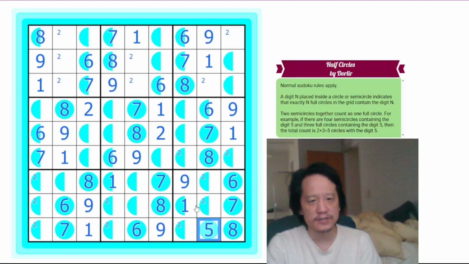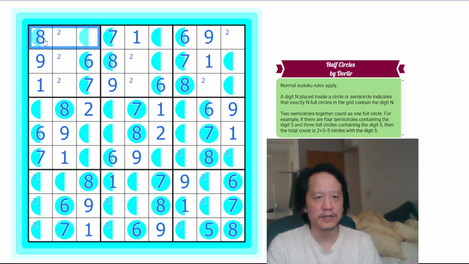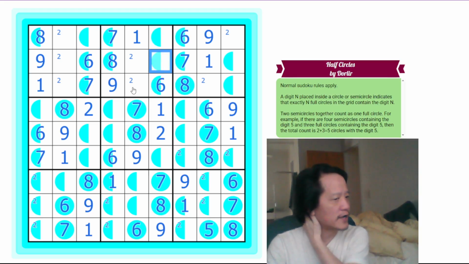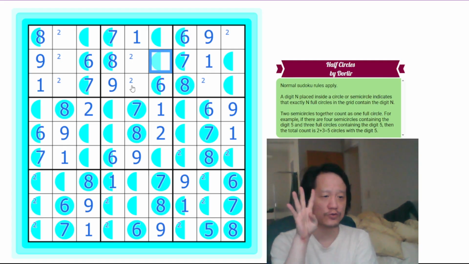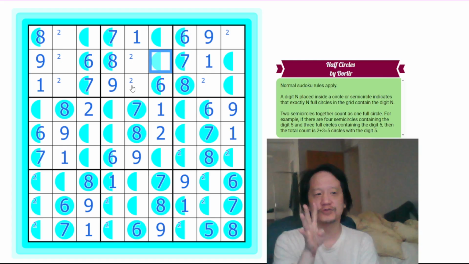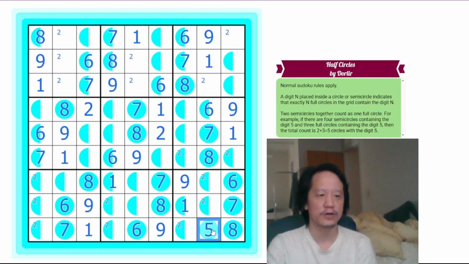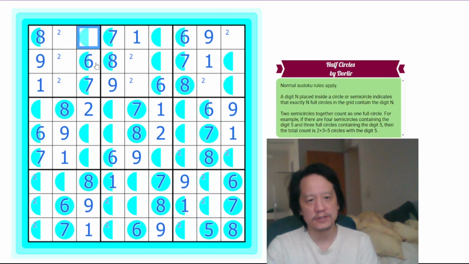So that means this is 5. 5 has to be in all the remaining half circles in each box, because then that adds up to 5. 4 full circles from the 8 half circles, and 1 full circle here. So that means this is a 5.